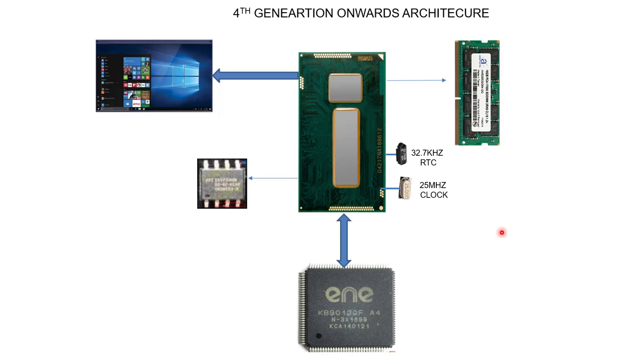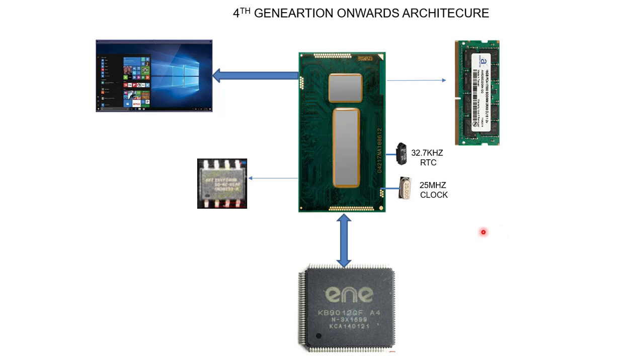So to flash that EC BIOS, you need another programmer, called the SIO programmer. There are various SIO programmers available in the market, like the ENIT SIO programmer, SOD4. So these are the SIO programmers which you can buy from the market and use to flash the SIO.